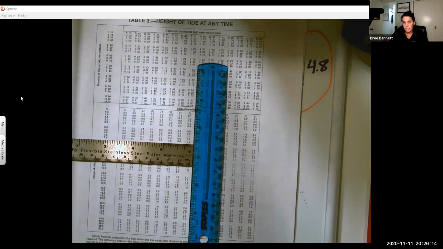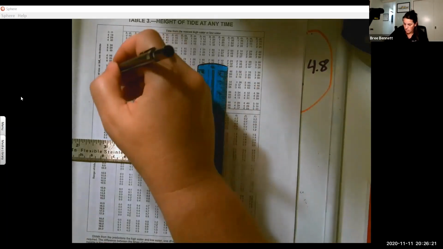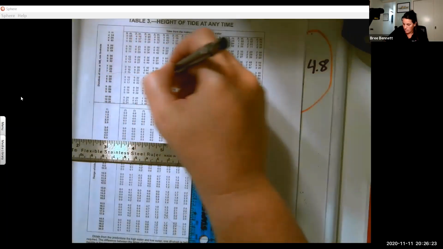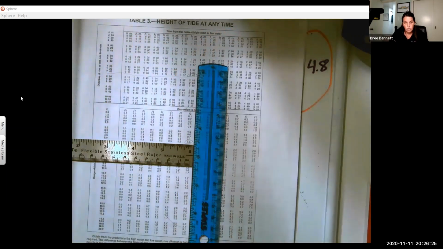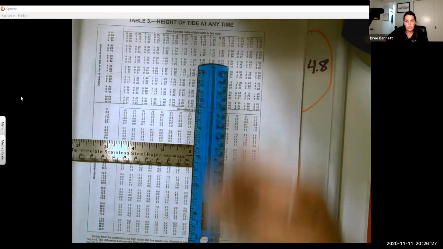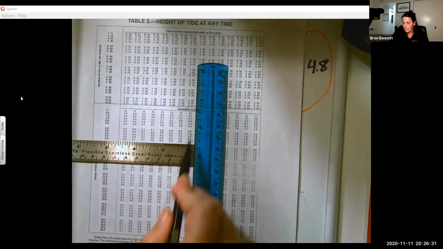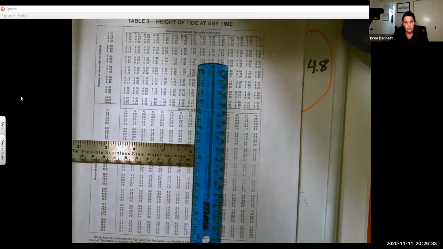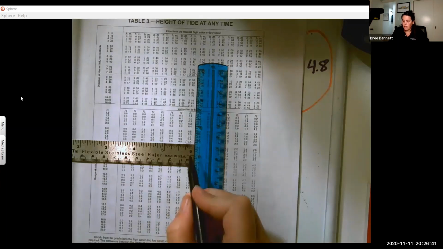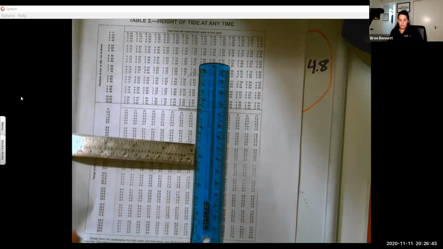You see how I found that 0.8? I followed this across to find which column to use, and then I found which range to use, and I stayed in the same column. So my correction is 0.8.